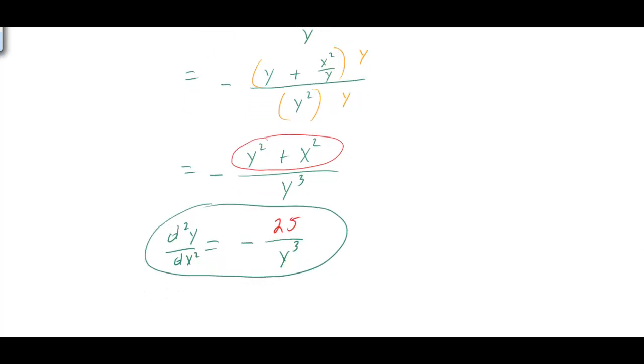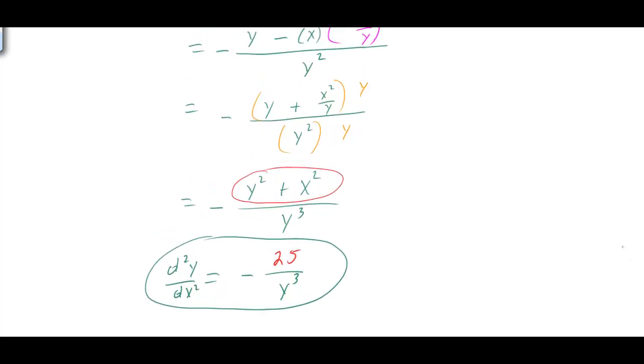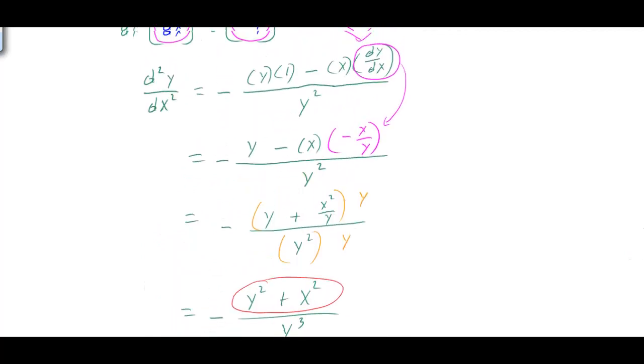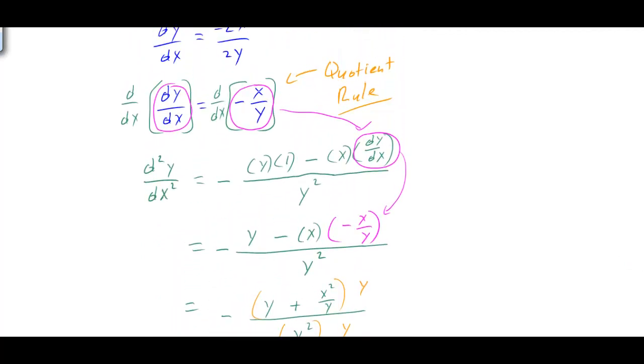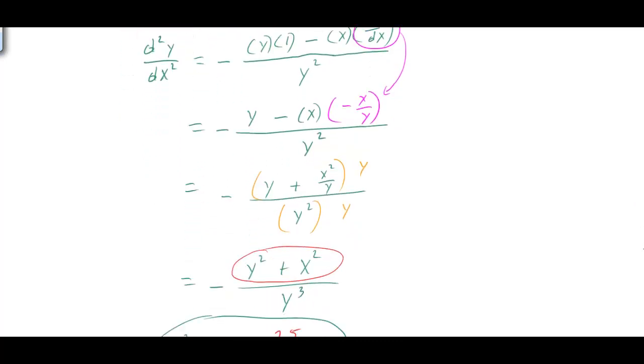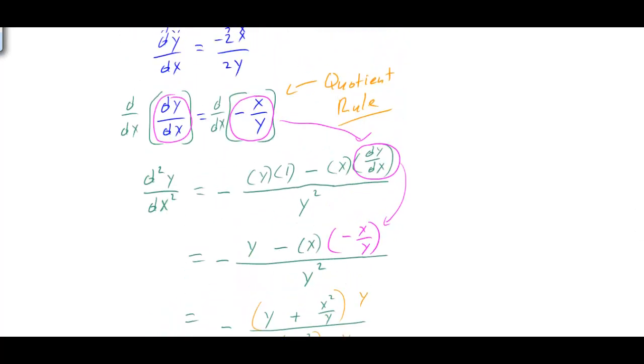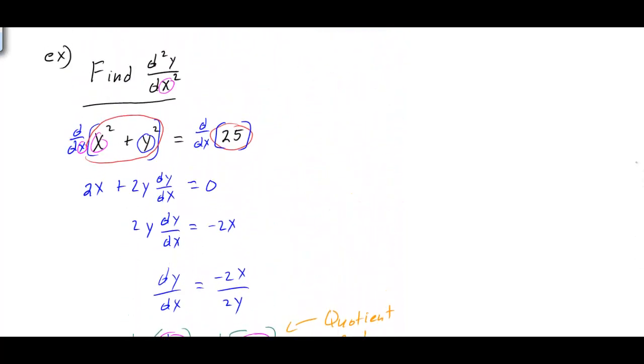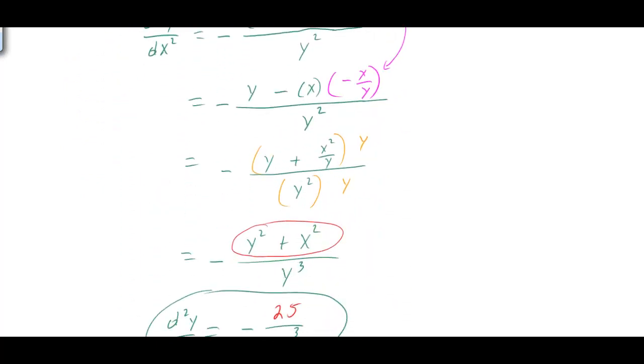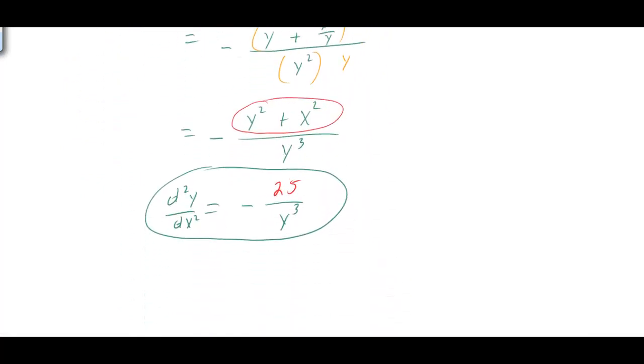And you're going to notice, particularly with some examples, where it's to your advantage to do some of this substitution. Here, we took dy dx, substituted in the negative x over y, and then once we simplified more, we were able to come up with an expression that matched something in the original problem up here, x squared plus y squared equals 25. So be aware that you can do this type of substitution.